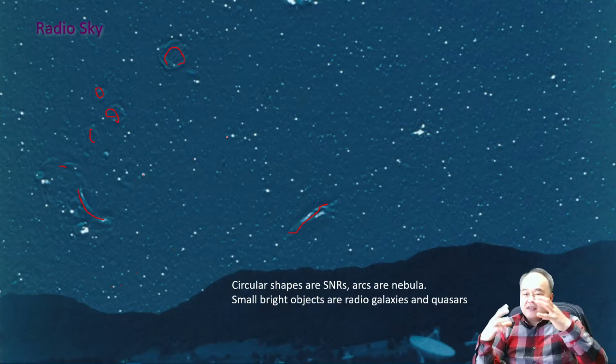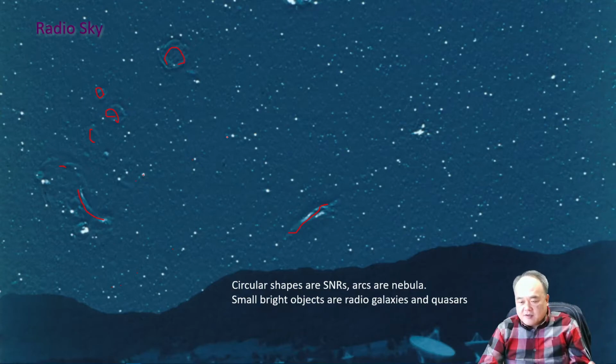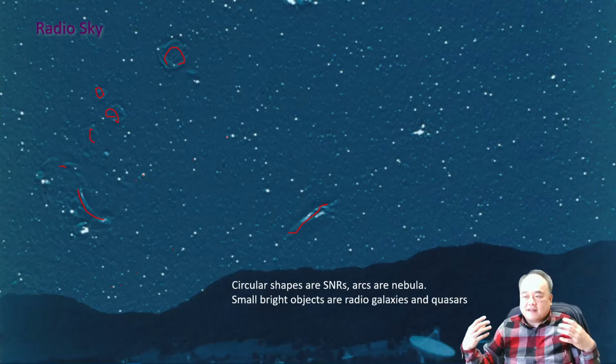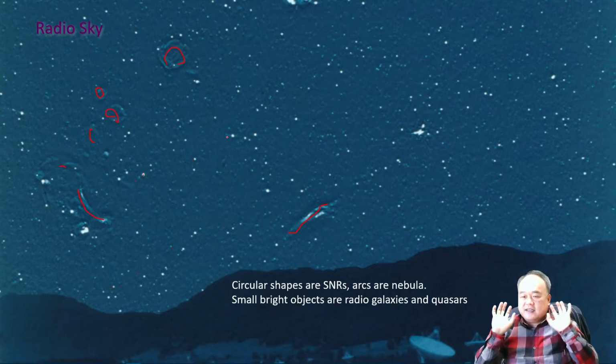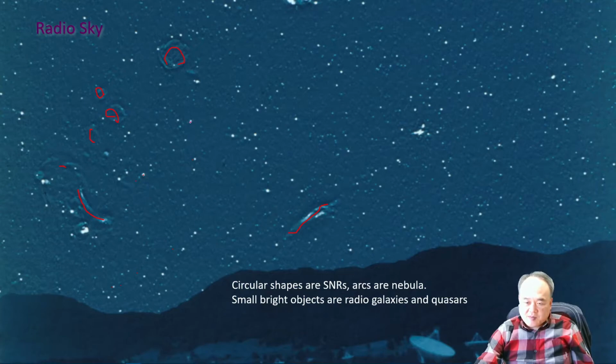Young galaxies, soon after the creation of the universe, are actively building stars and have lots of hydrogen and whatnot, so they are bright in radio. All these point-source objects seen in radio are faraway young star-forming galaxies and quasars.